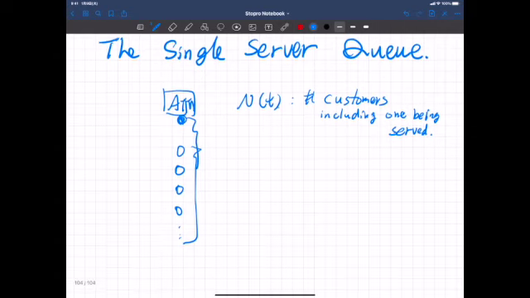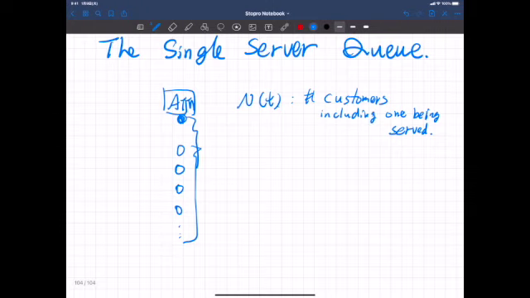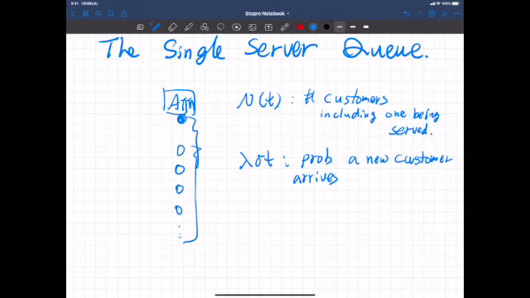And let's say lambda delta t is the probability that a new customer arrives during delta t.